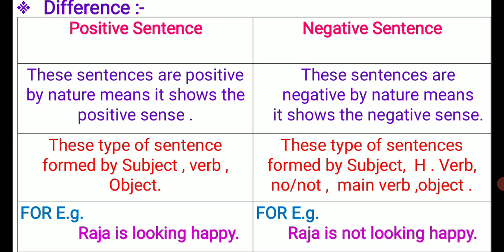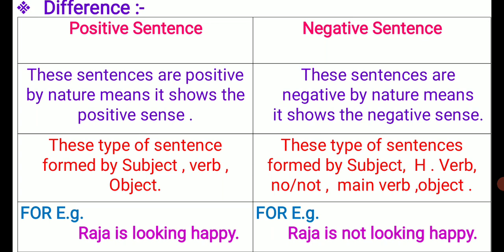As we learned, negative sentences show the opposite of the positive sentence. So the positive sentence just tells us "is looking happy," but the negative sentence tells us "is not looking happy." So now we understand that by using not, we make this sentence negative.